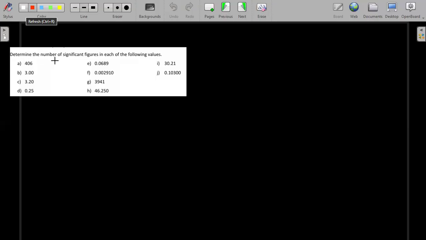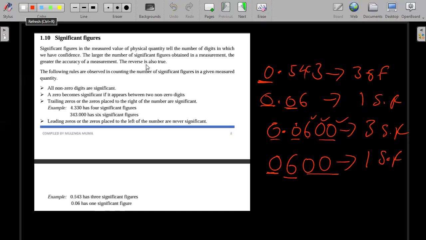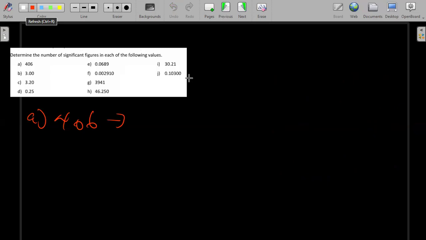So we are to determine the number of significant figures in each of the following values. The first one, A, we have 406. How many significant figures are here? Someone to tell me if you've gotten whatever I've explained.